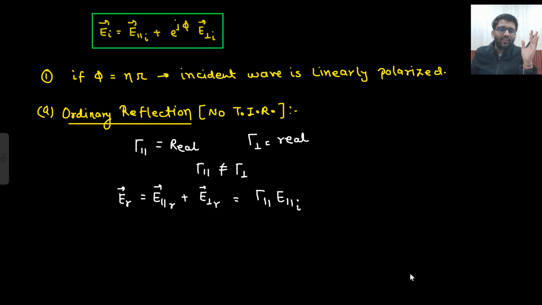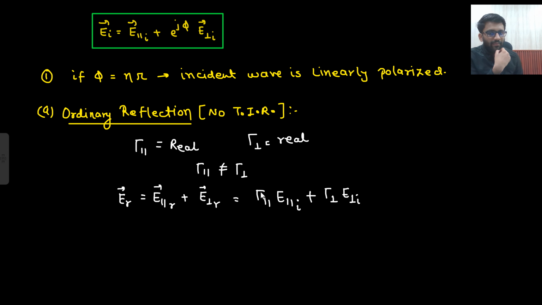Those things we need to see, right? So this case is there. Then what about the perpendicular polarization? Now the perpendicular wave will be this one. Say yes or no, right?